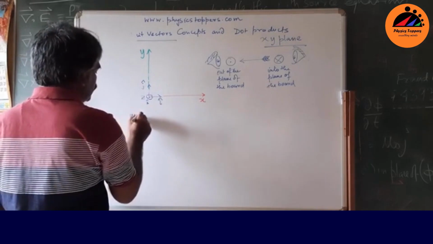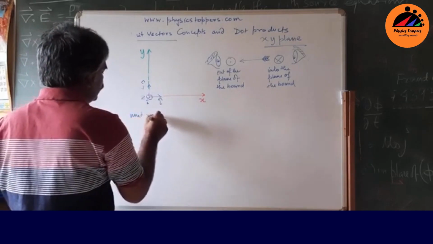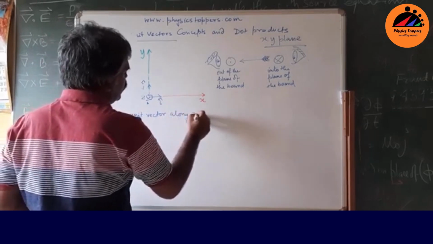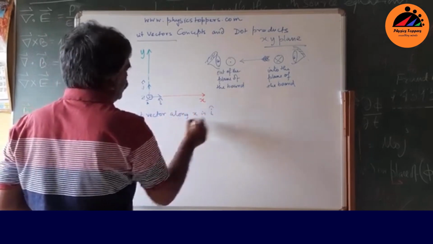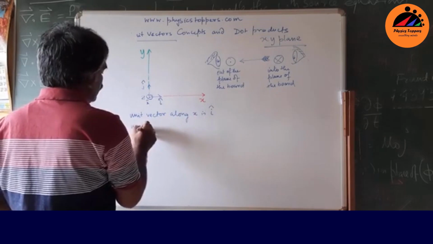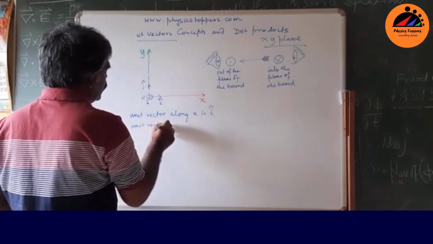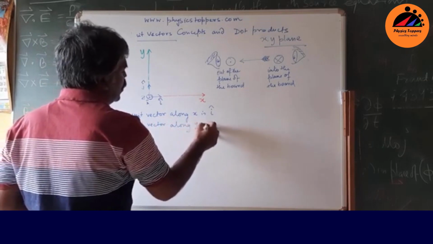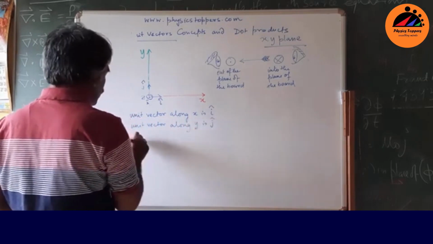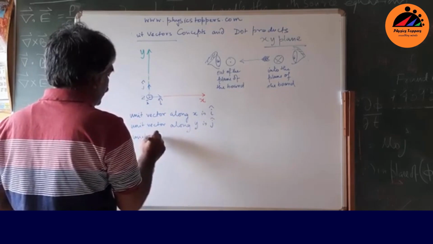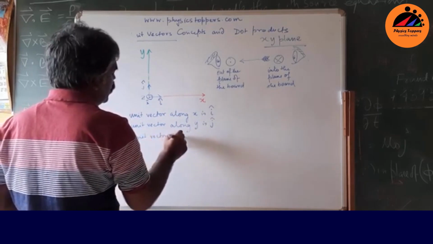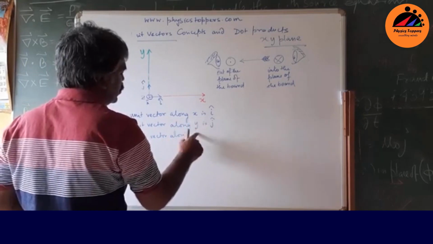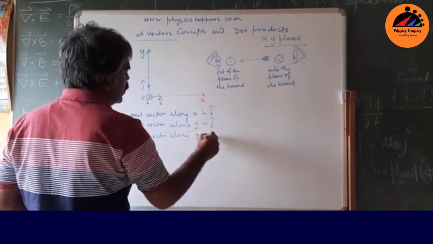The unit vector along x is i cap, along y is j cap, and along z is k cap.